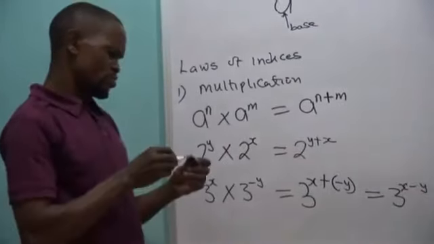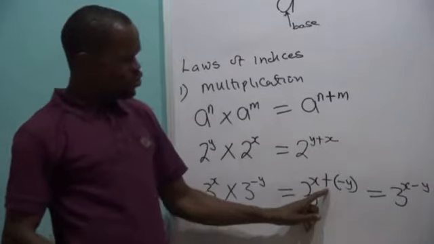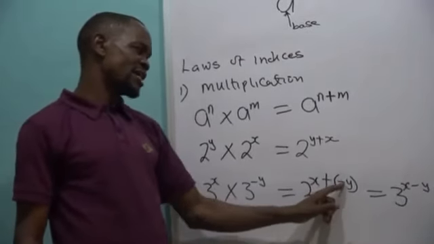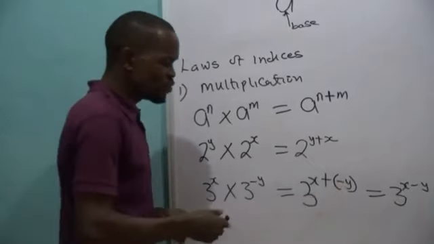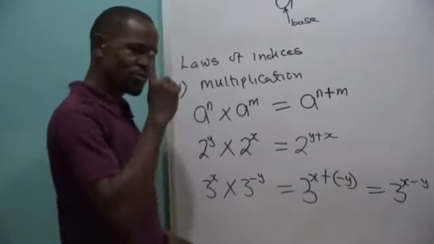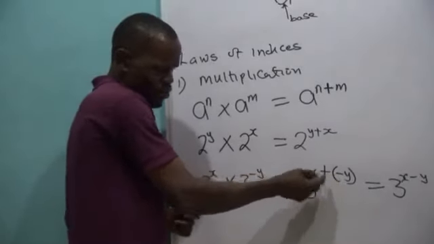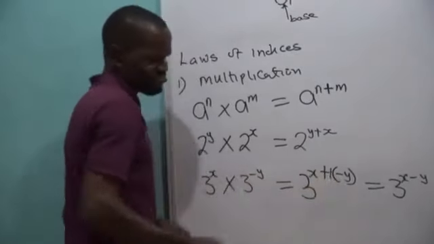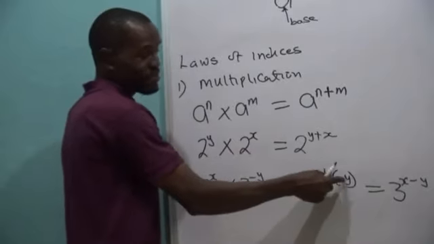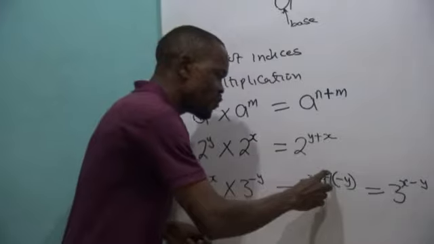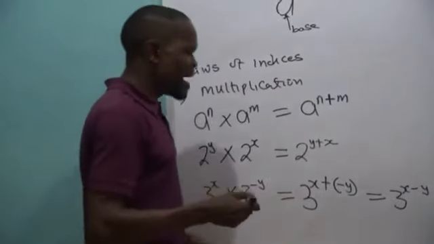Somebody will say, how? This leads us to what we call plus times minus. You remember that we say anything we write is multiplied by 1. Therefore, this one is multiplied by 1, which is plus 1, times minus y. That gives you minus y. And therefore, we say plus times minus.